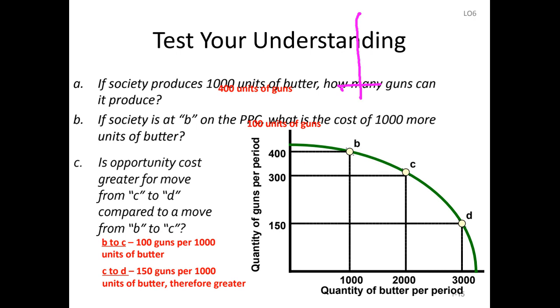So see, this is a typical shape of a PP curve, production possibility curve. This shape is called bowed outward. Right? Let me write here. Bowed outward.